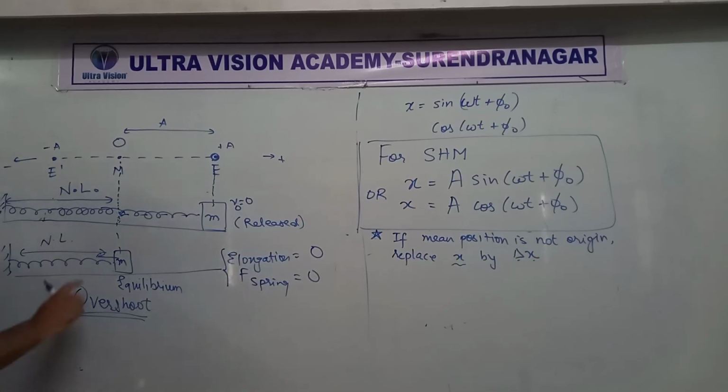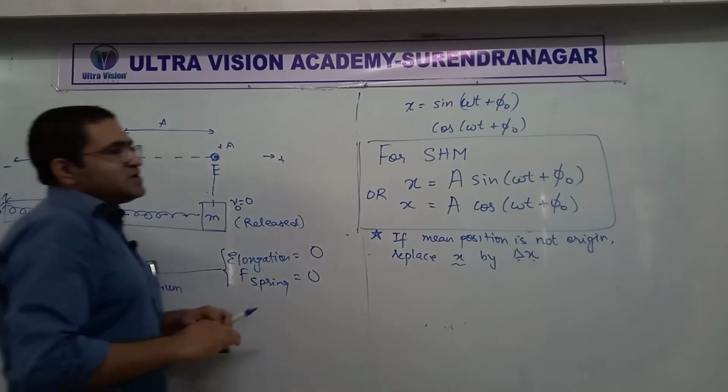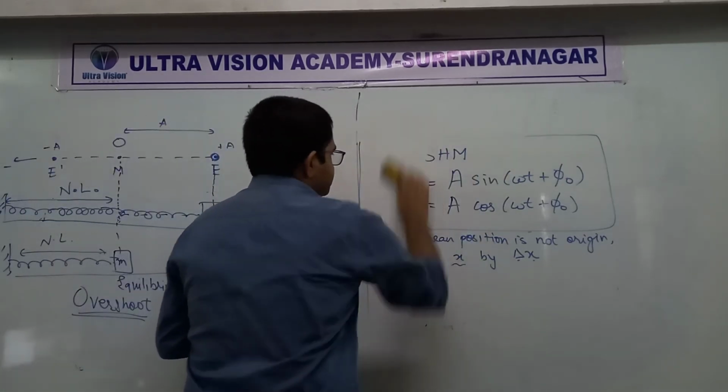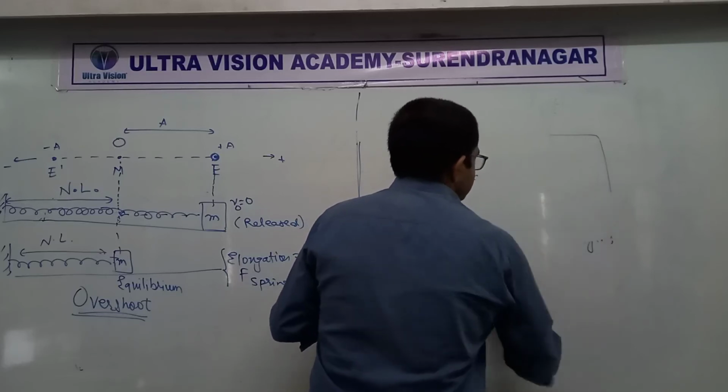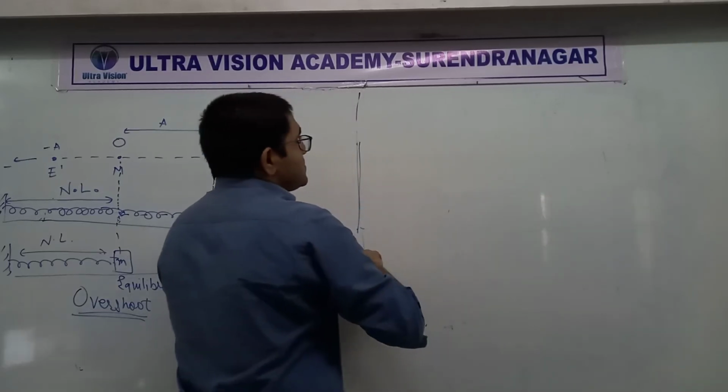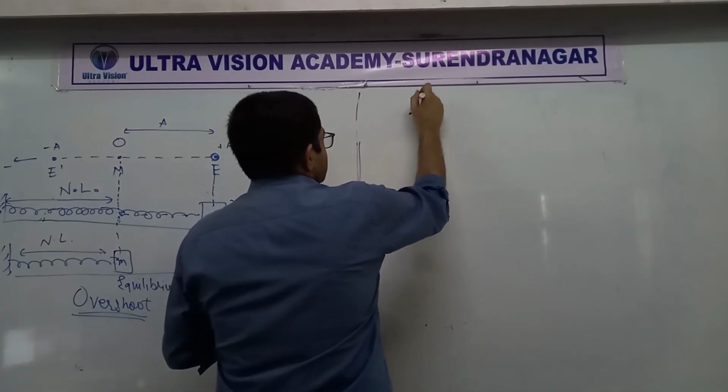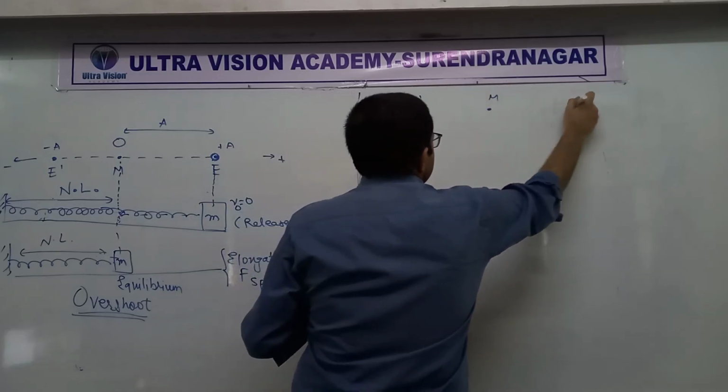So now if it overshoots and comes on the left side, you're going to see that the spring will start getting compressed. Right? So let's just draw a new diagram quickly.